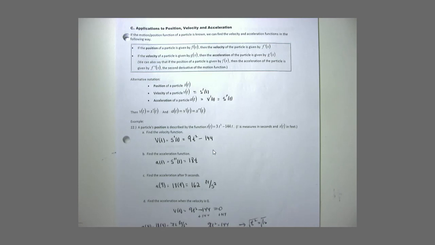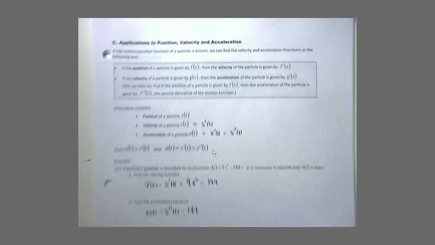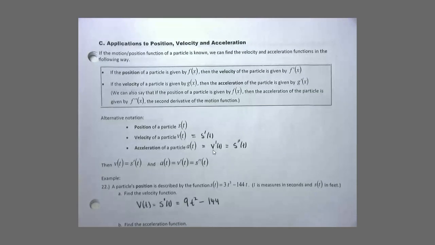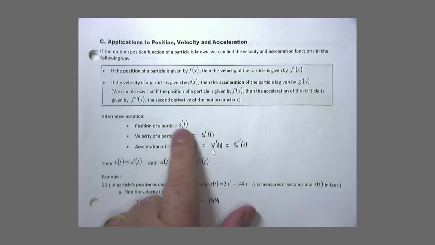So the idea is this idea of position, velocity, and acceleration. And the big deal is the relationship between all three of these. Position, or distance, is based upon an equation here called S of t. We'll use this notation.